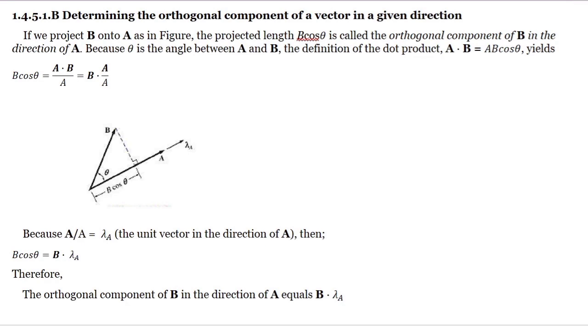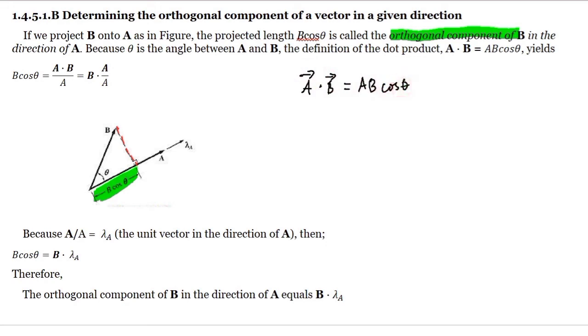So if we are going to project B onto A in the figure, this length here, B cosine theta, is the orthogonal component of the vector B in the direction of A. Because theta is the angle between A and B, and from the definition of the dot product, we have A dot B is equal to AB cosine theta.